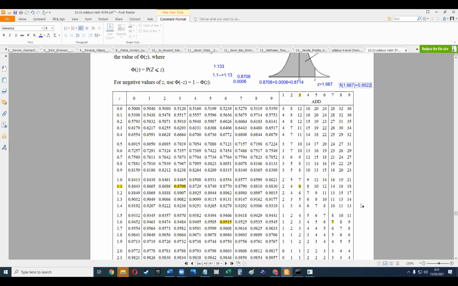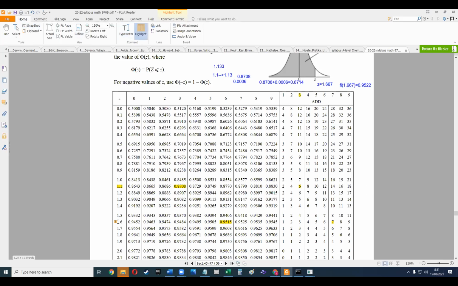Anybody? Any question about this? So in this case, we're going to find 1.6 first here. Read the second decimal point, and 7 here is for the third decimal point. Okay, 9522.